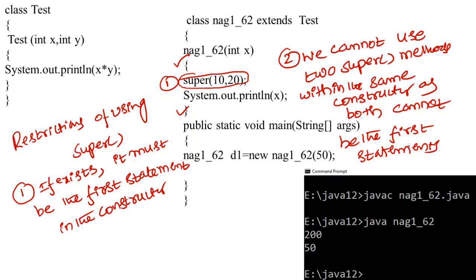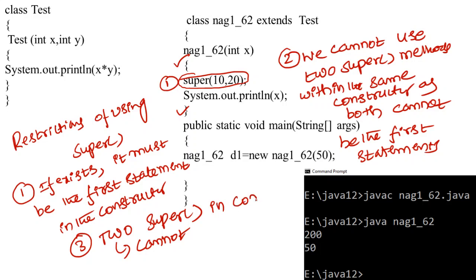That is, we cannot use two super statements. We cannot use two super methods within the same constructor. That is important, isn't it?